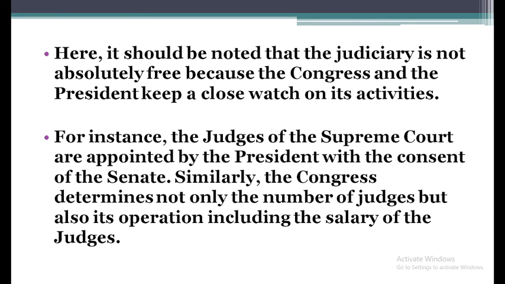In other words, these 3 branches of the government are independent of each other. There is separation of powers, and at the same time, there is also the principle of checks and balances. Each of these branches has a check over the activities of the other 2.